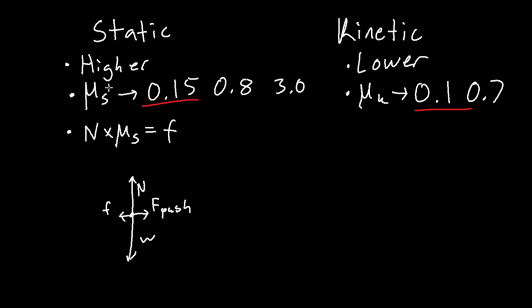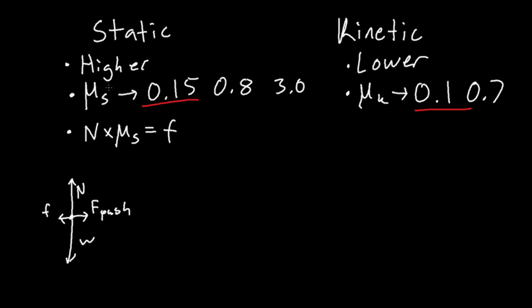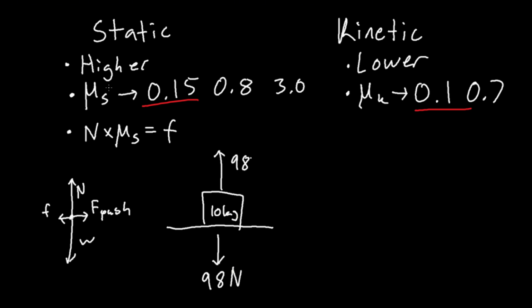So keep in mind, in order to move something, you need a net force of more than 0. Correct? Well, if you have, let's say, a box, it weighs 10 kilos. The weight force is therefore 98 newtons, and the normal force is also 98 newtons.